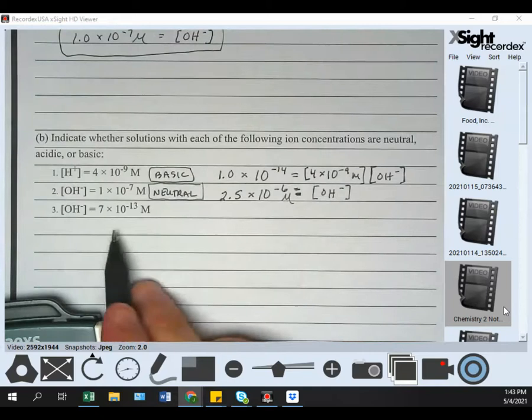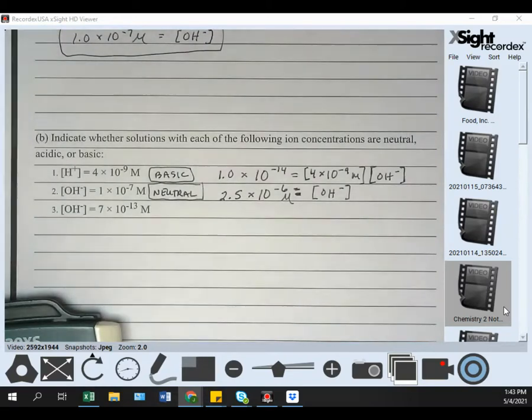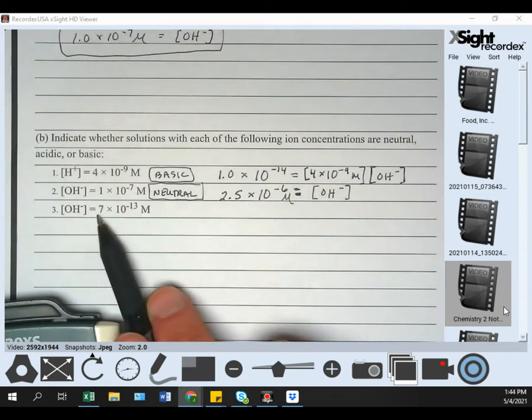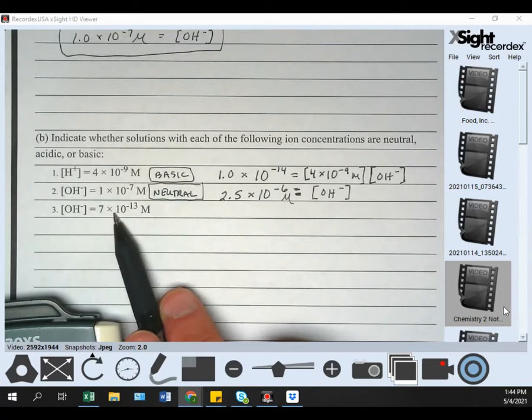Okay. Now, what do you think about 7 times 10 to the negative 13th? So let me ask you guys this. Do you think that the concentration for this is going to be bigger or smaller than the other one? Smaller, right? Because it's out of 10 to the negative 14th.